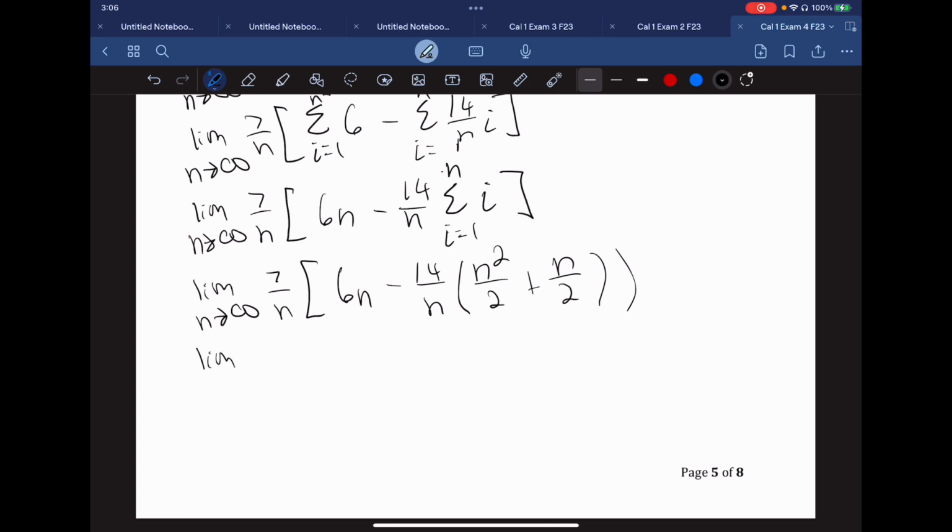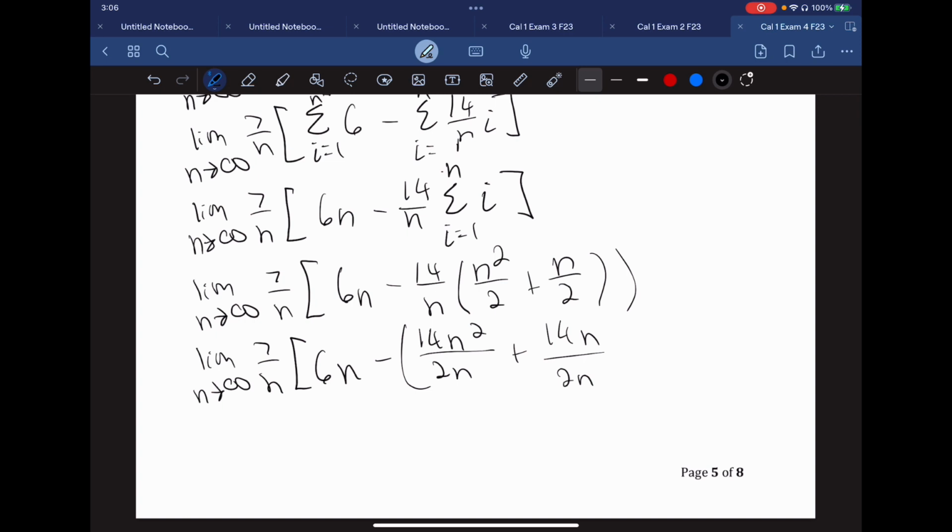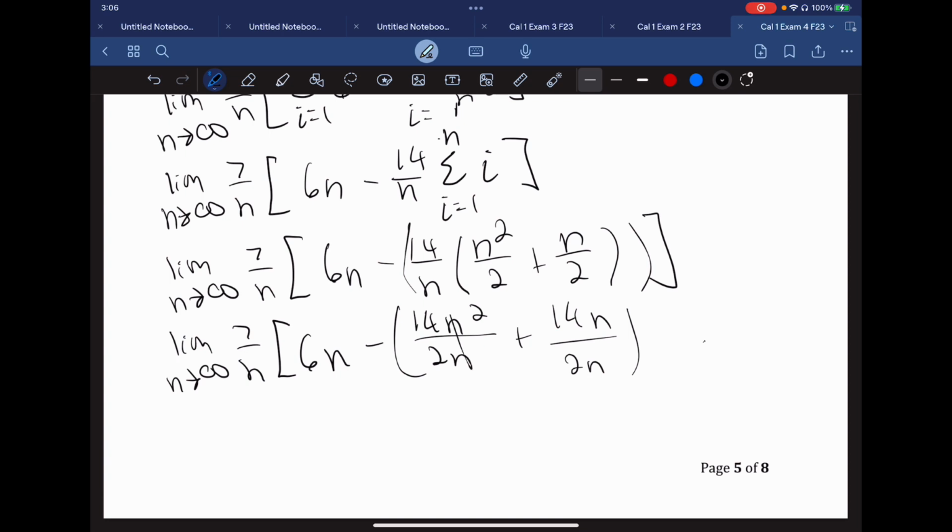So the limit as n approaches infinity, 7 over n, 6n minus 14 n squared over 2n plus 14 n over 2n. And let's not forget our parentheses here. All right. So these n's cancel out, and then this just turns into 7.